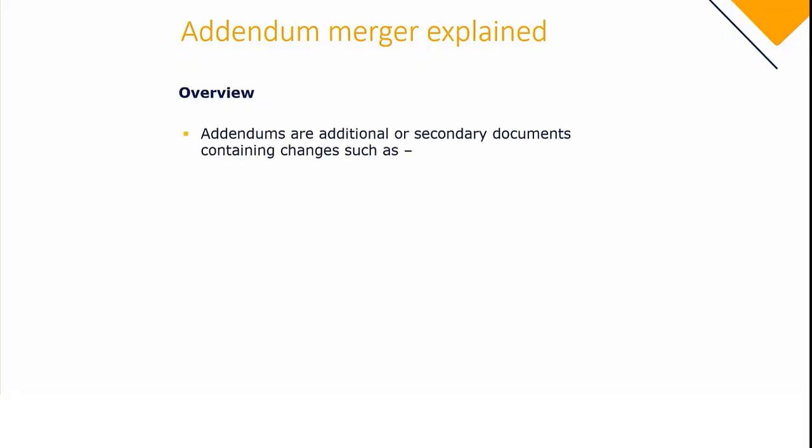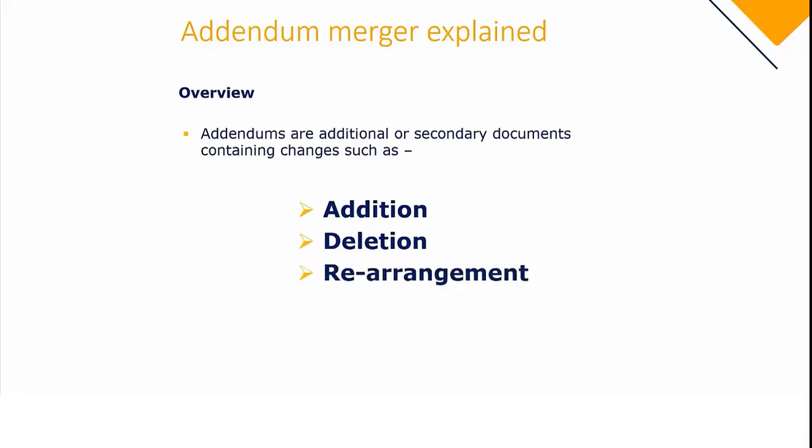In construction, addendums are usually the additional or secondary documents that we receive from clients. They contain bill changes such as addition or deletion of previous items from the original work specifications. It can also be a rearrangement of these items or some alterations of their original specification size or quantity.